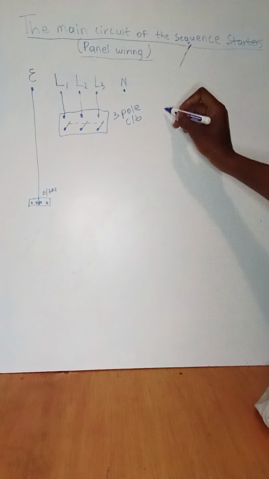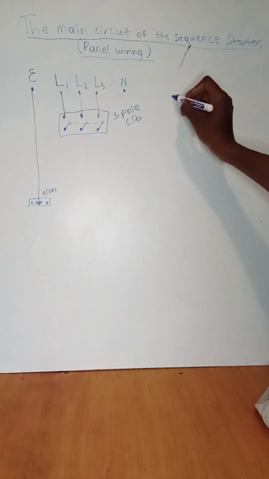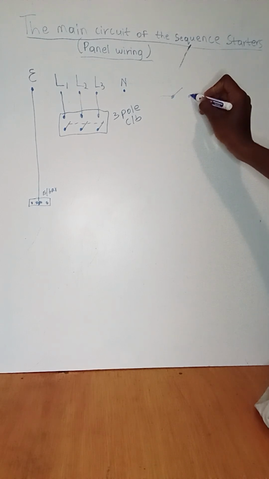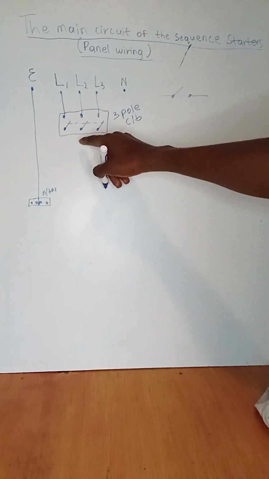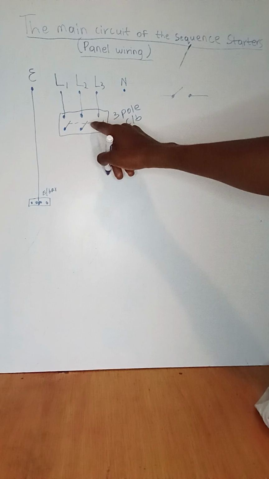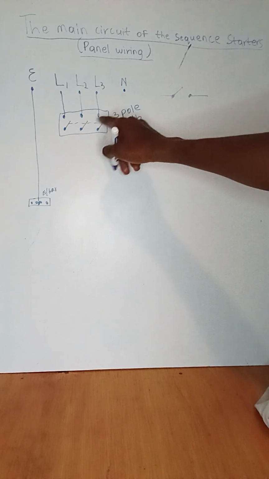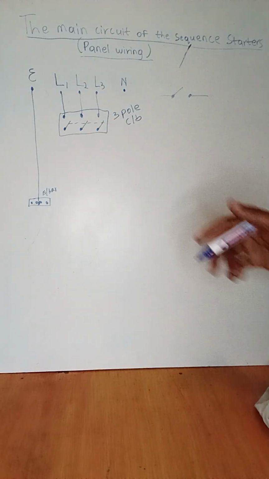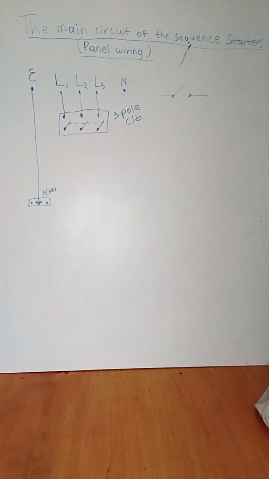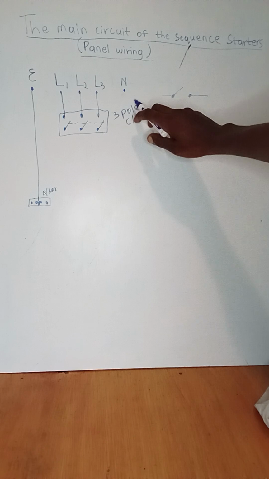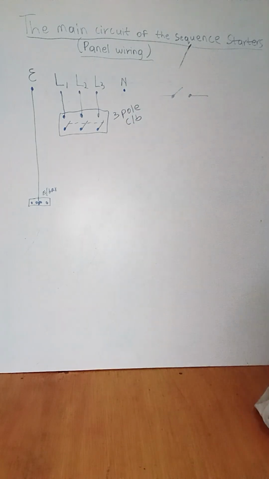The open contacts, I mean something like this. So which means the current won't flow. The current will only flow when the contacts are closed, or when the 3-pole circuit breaker is on. So I'll proceed with the neutral.